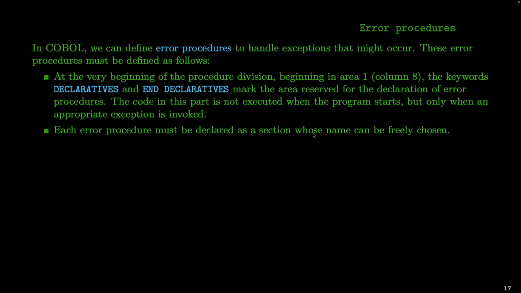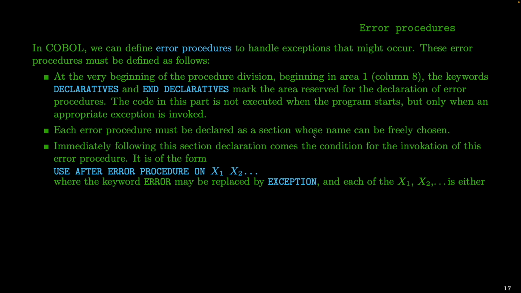So you can pick some good names to indicate what you're referring to. And immediately after the section declaration, so after the section name, you formulate the condition for when this particular exception handler will be invoked. And this is of the form use after error procedure on x1, x2 with the following meaning.